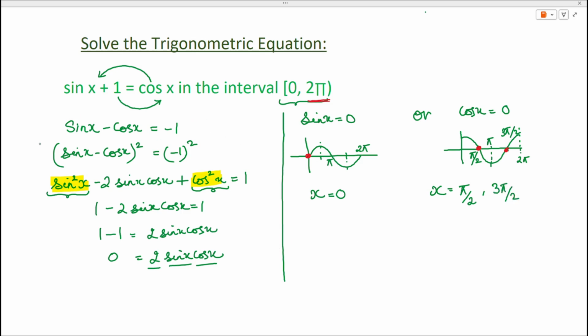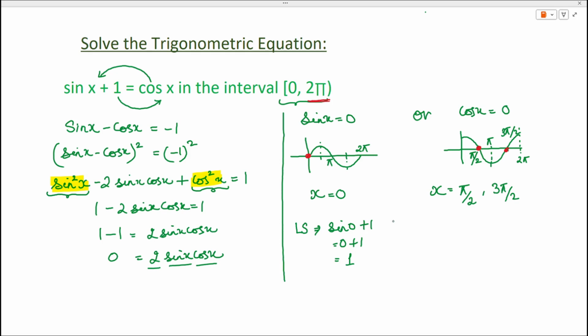Now, because we have solved this equation by squaring both sides, we have to look for the extraneous solutions. So let us check for all these three values whether they satisfy our original equation. If we put x equal to 0 into the original equation, our left side is sin 0 plus 1, and sin 0 is 0, and 0 plus 1 is equal to 1.